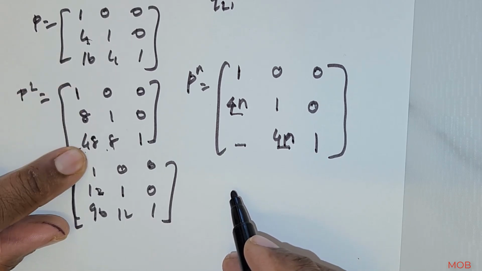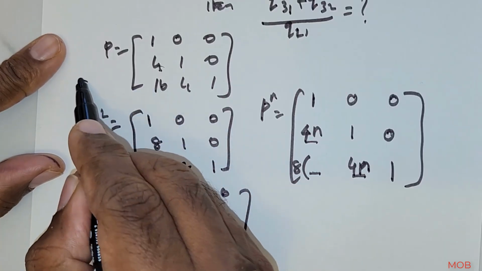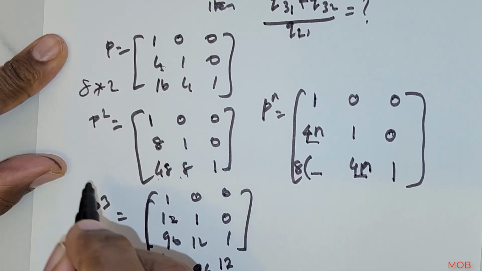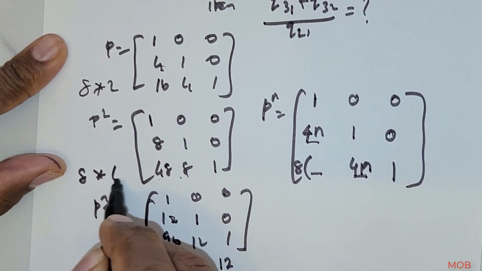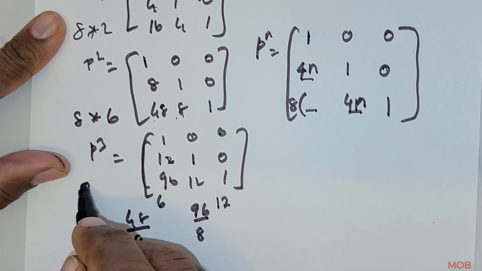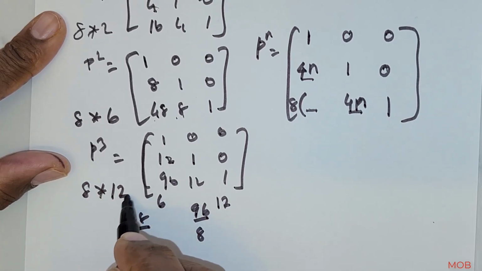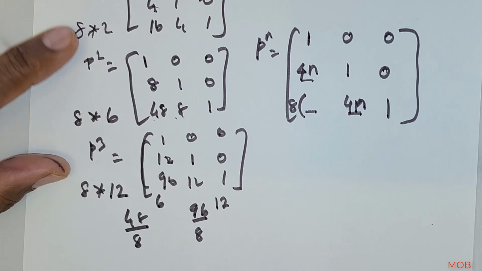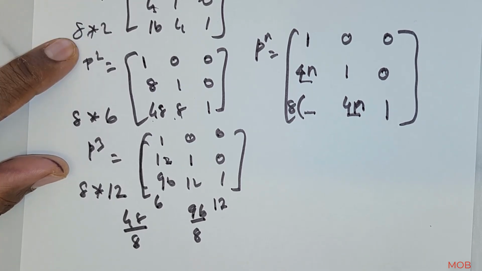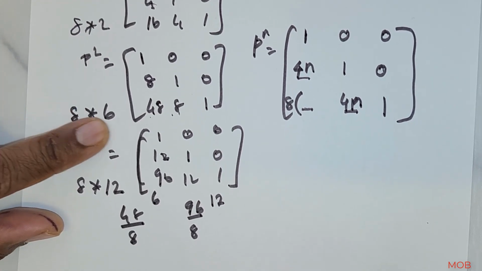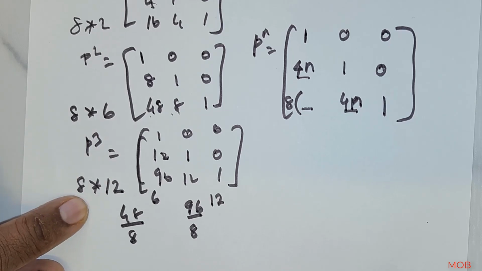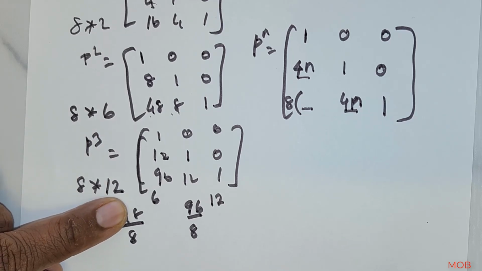So the idea is this is 8 times 2, this is 8 times 6, and this is 8 times 12.